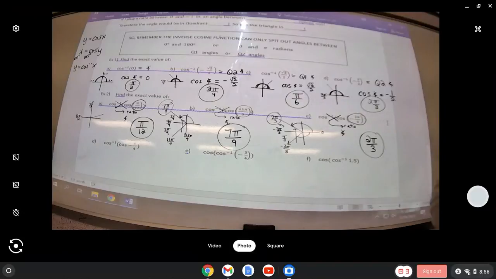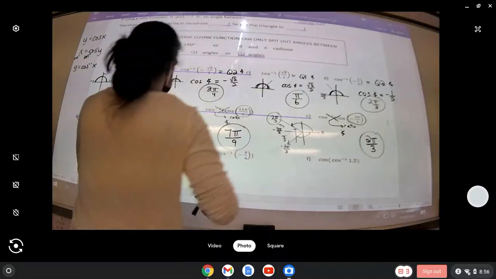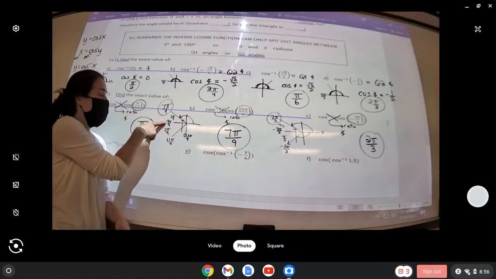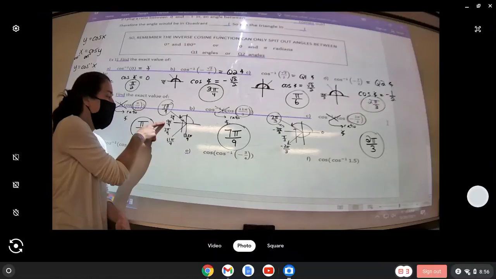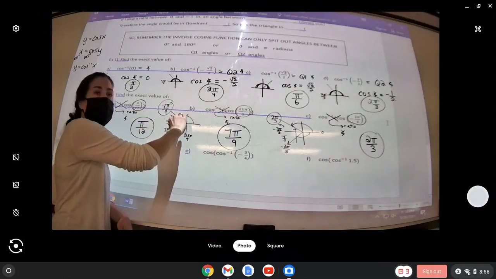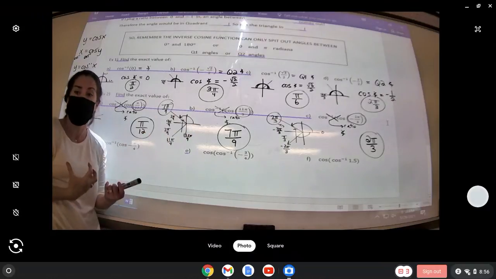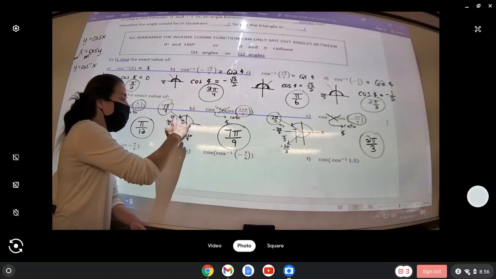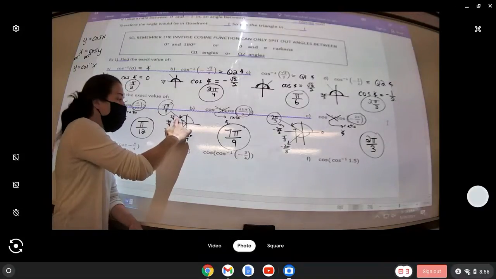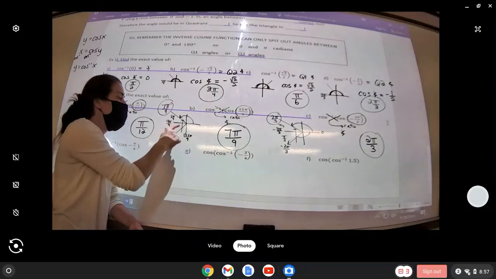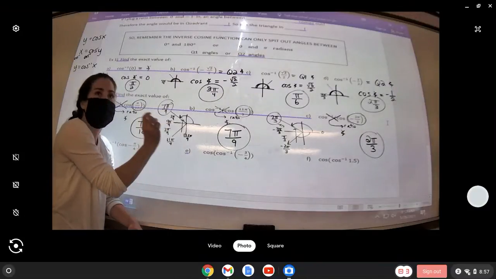Yes, I'm a little confused on where you got the 2 pi over 9? It's our reference angle, right? If we're working with pi's over 9, we know this is pi at 180 degrees. That's 9 pi's over 9. So if we were sitting at an angle of 11 pi's over 9, there were 2 pi's over 9 in between them. That's our reference angle, the angle between our angle and the x-axis. So that means we have to create an angle in quadrant 2 that gets you the equivalent ratio, which means it would be the angle that has the same reference angle.